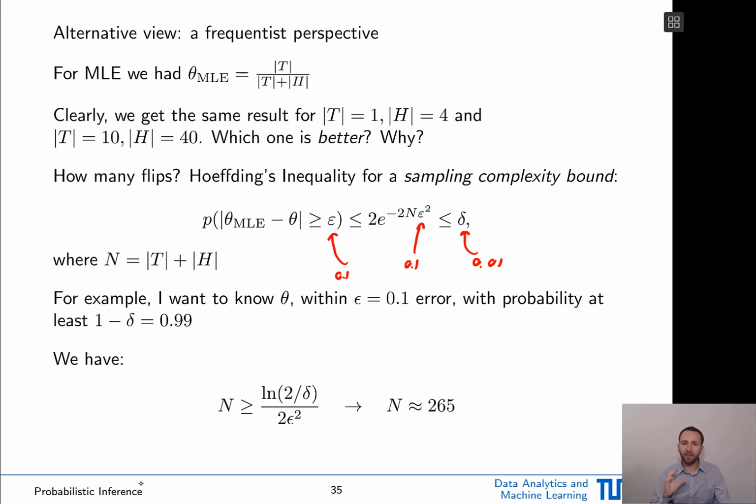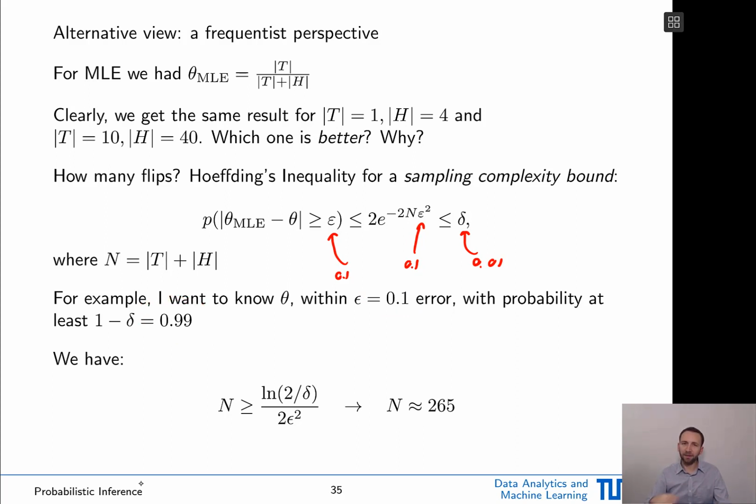Again, be careful with the sign, with the order here, right? This asks for being off, being far away, and the probability that we are far away is smaller than this. And usually you phrase it the other way around. The probability of being closer than 0.1 should be larger than some number, okay?